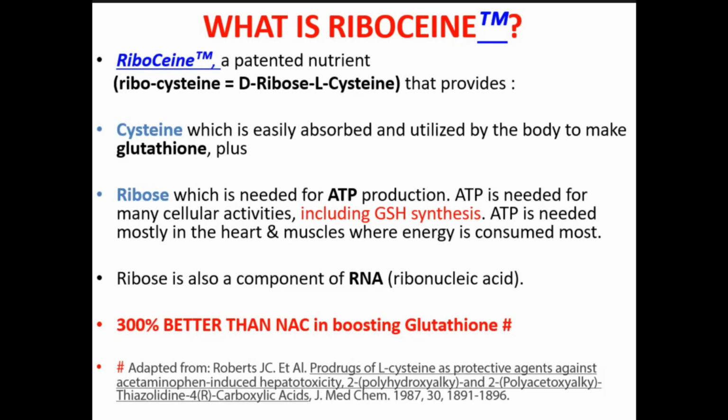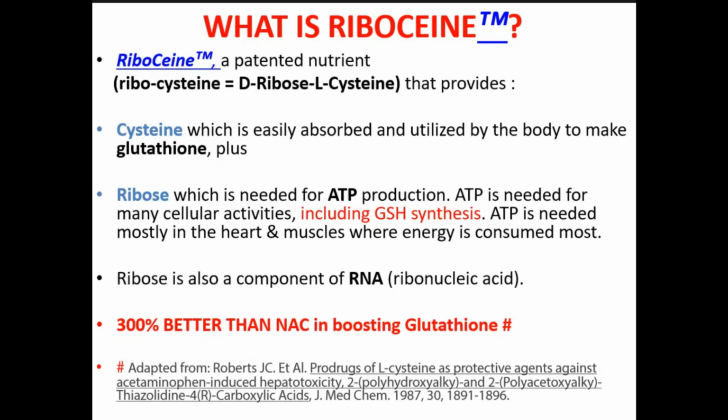And the D-ribose, which is used to stabilize the cysteine, is not just an inert, useless stabilizer. It is, in fact, used by the body to make ATP, adenosine triphosphate, which is the energy-carrying molecule. And the synthesis of glutathione also requires ATP.